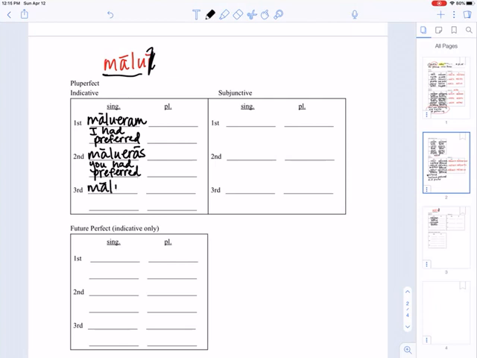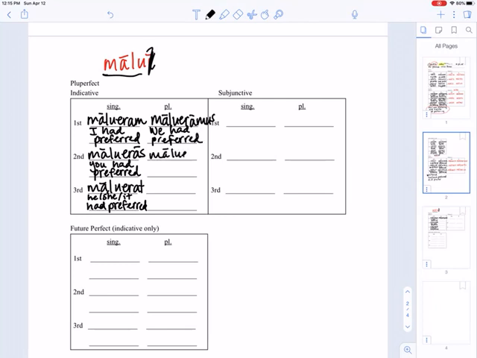We will have Maluerat. And this is he, she, or it had preferred. We will have Malueramus with a macron over that A. And this is we had preferred.